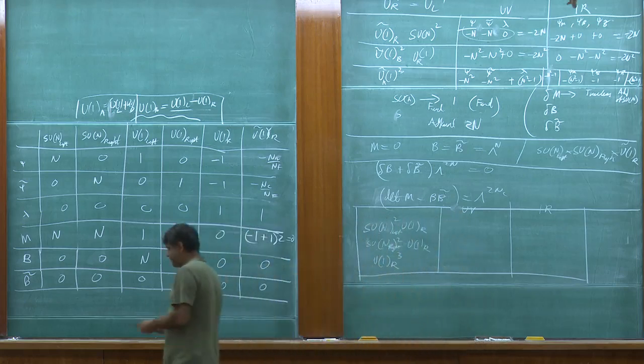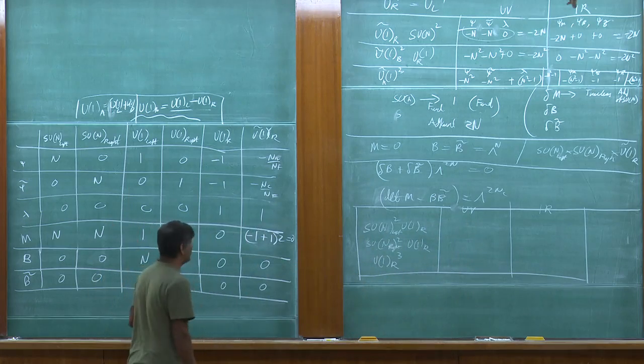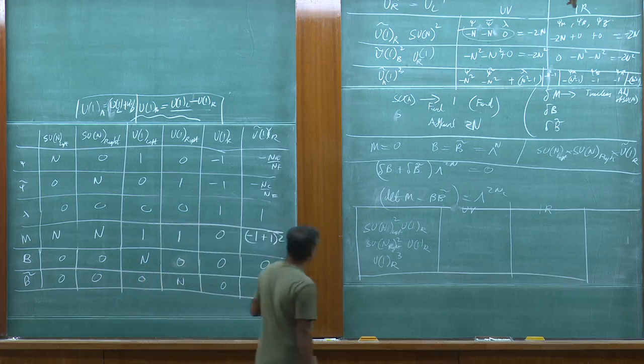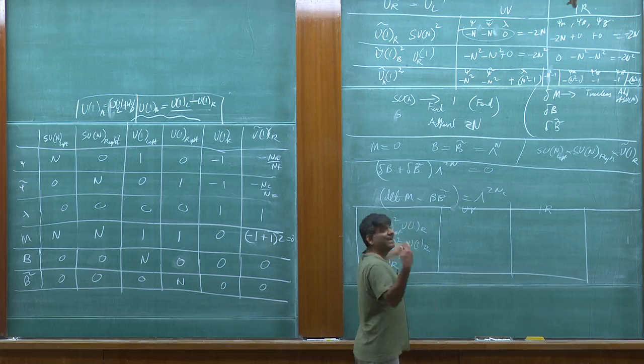So let's see. From the UV, psi is a fundamental under SU(N) left. Okay? So by our rules, this contributes with a 1, because fundamental contributes 1. But there are N_C of them.